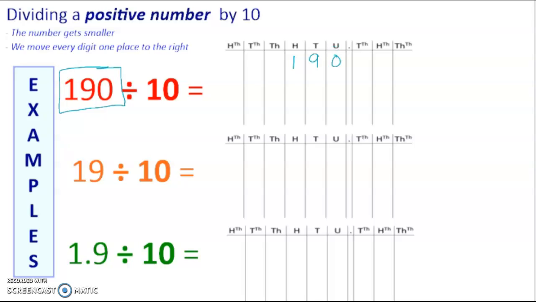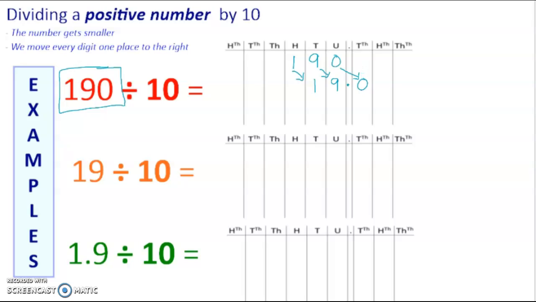That's the number 190. And to divide by 10, everything moves one place to the right. So the 1 moves to the tens column, the 9 moves to the units column, and the 0 jumps over the decimal point into the tenths column.